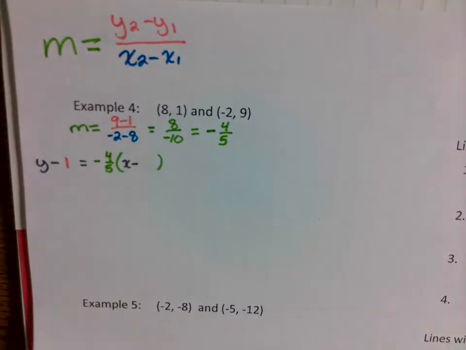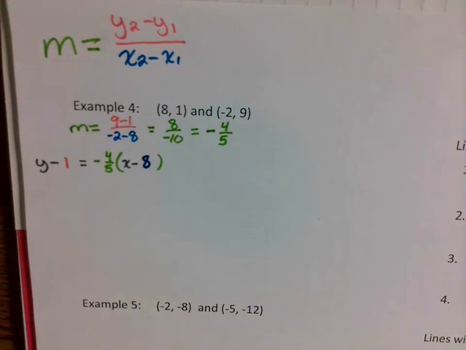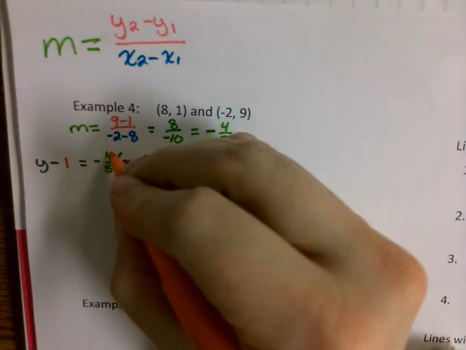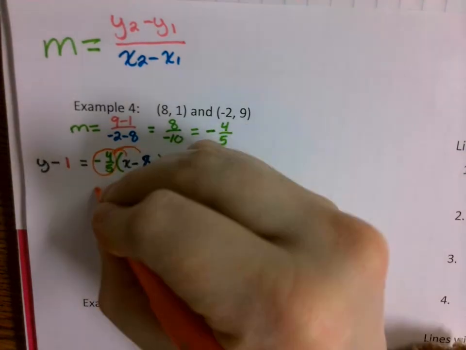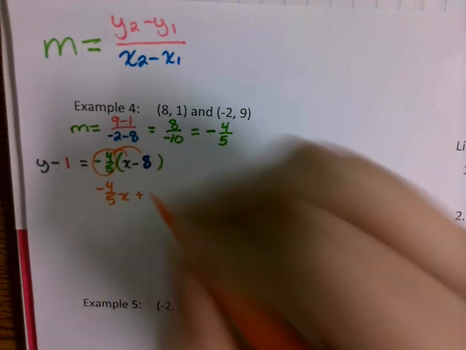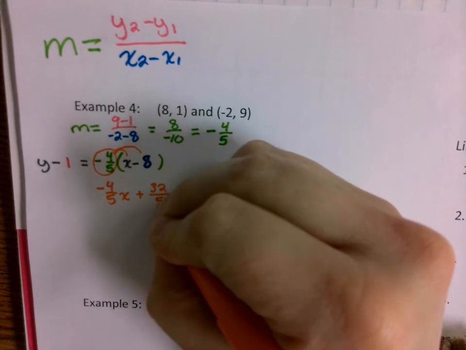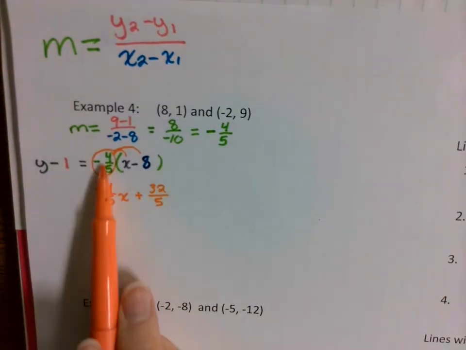Oops, wrong color. x minus the 8. I don't have double negatives, but I can go ahead and distribute. So that would become negative 4/5 x plus 32 over 5, because negative times negative is a positive, and 4/5 times 8 is 32 over 5.